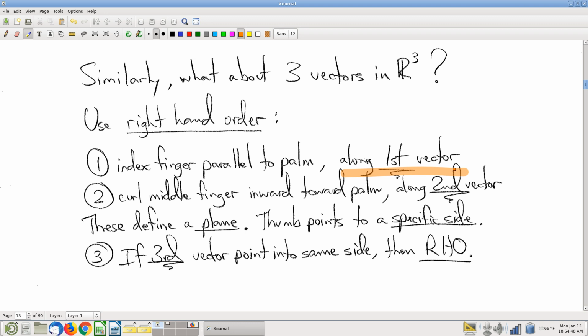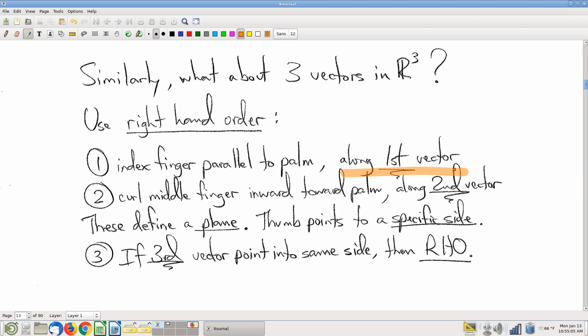Notice as well, the thumb of your right hand points to a clear side of the plane. And again, no hand yoga, so the thumb is doing what thumbs want to do. Your thumb points to a well-defined side of that plane. So here's the thing. Index finger, first finger. Middle finger, second finger.